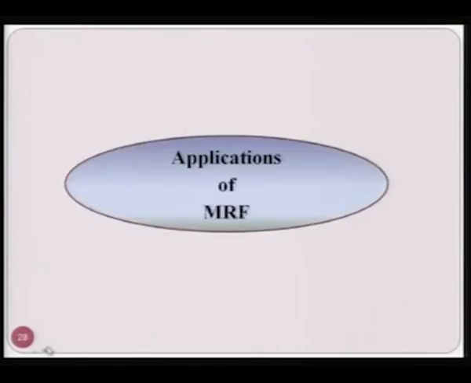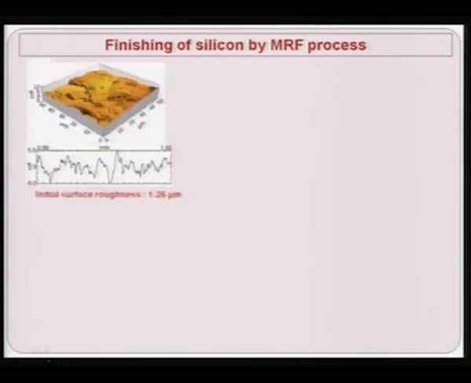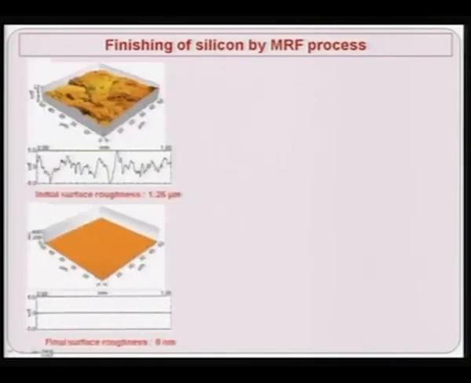Now, let us see some of the applications of the magnetorheological finishing process. You can see this is the surface which was obtained initially, silicon single crystal, and the surface finish was 1.26 micron, and you can see the peaks and valleys in the top surface.